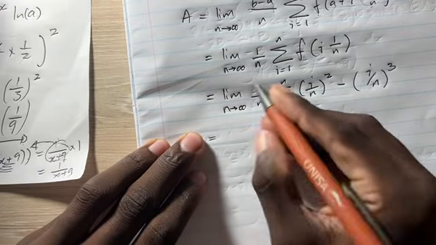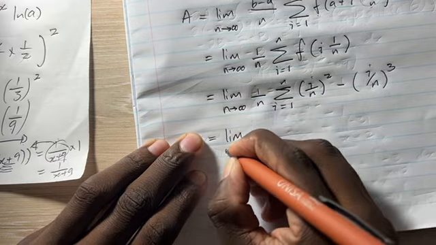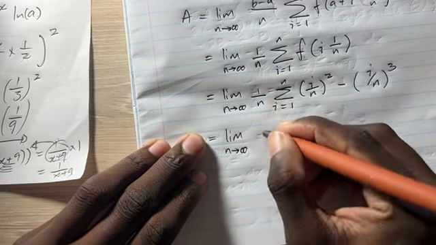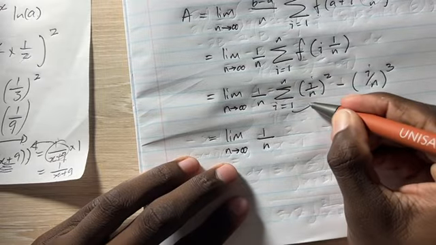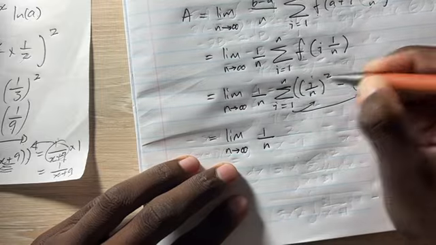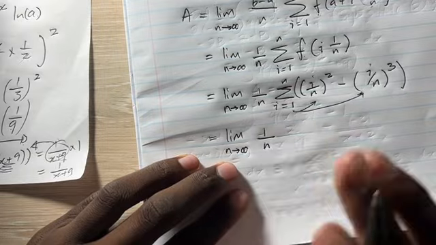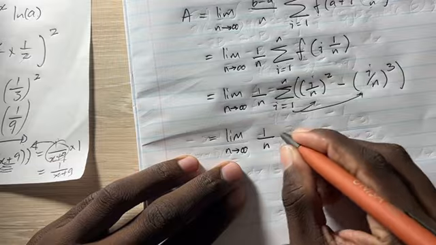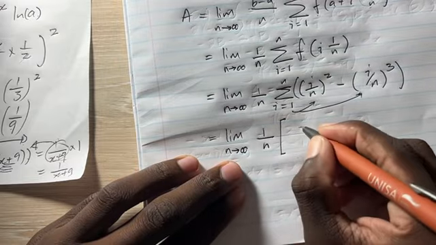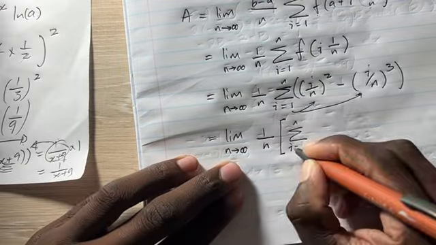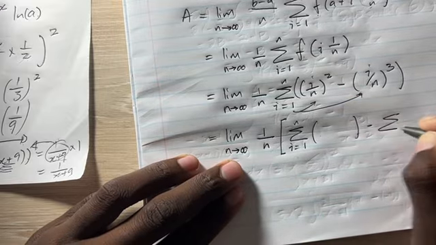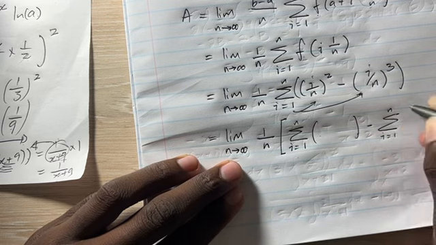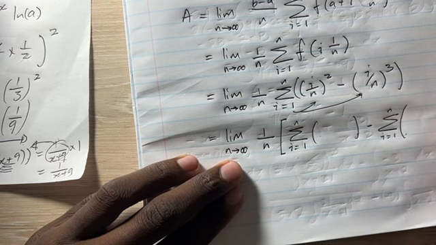Okay, so we're looking for the limit as n approaches infinity of 1 over n. What I'm going to do is distribute the summation sign between these two guys. I'm going to have the sum up to n from i equals 1 of something, minus the sum up to n from i equals 1 of something else.